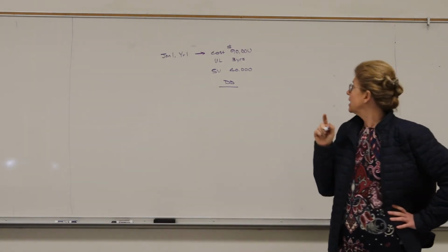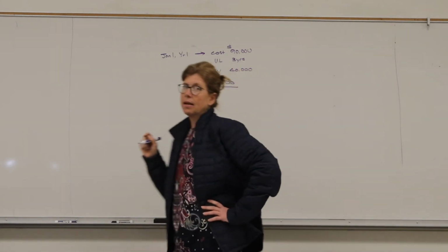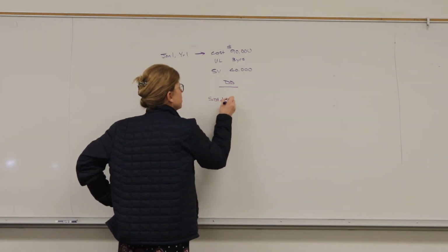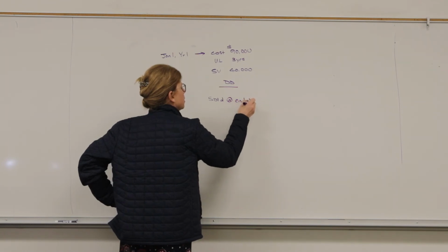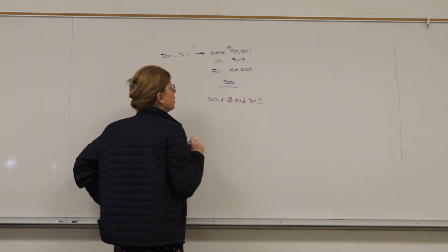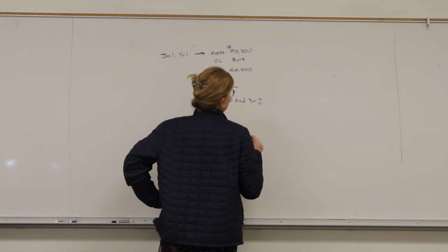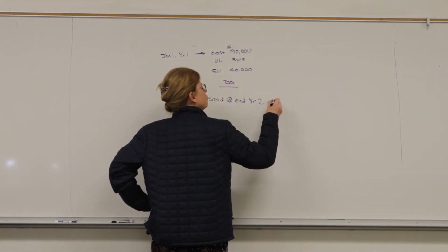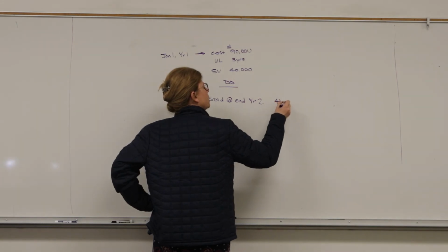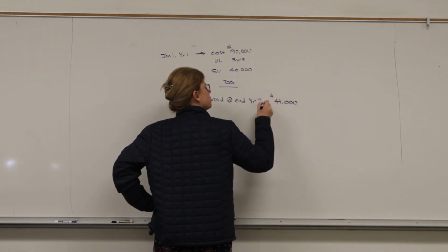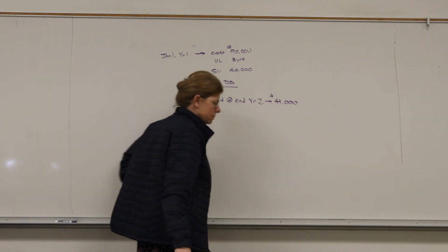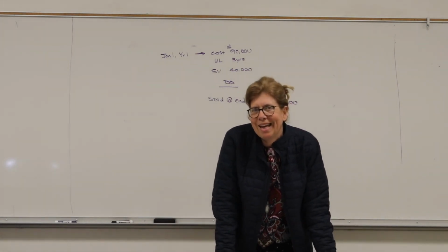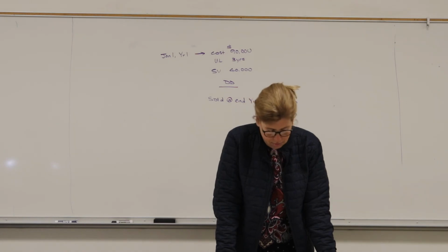And I sold this asset at the end of year 2 and I'm going to sell it for, what do we say? $41,000. My question to you is, did we sell this for a gain or a loss?